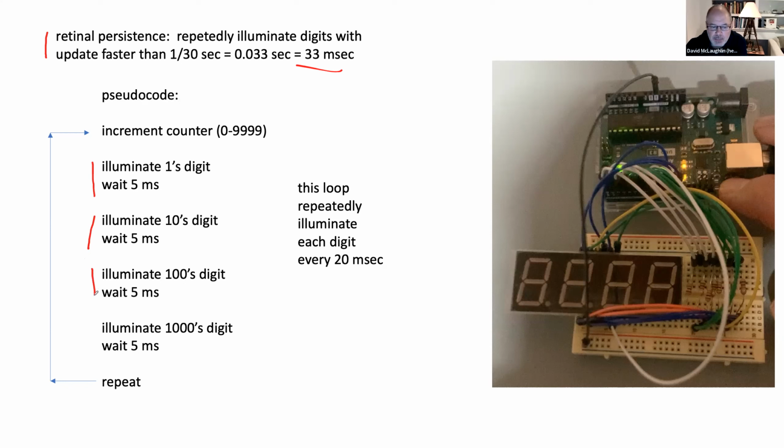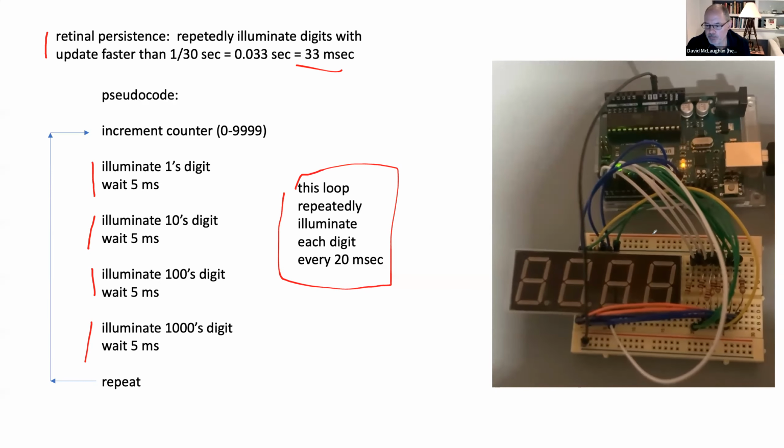Shut it off, illuminate the hundreds, shut it off, illuminate the thousands, and then I'll repeat the whole thing. So I'm going through this whole loop every 20 milliseconds. Each digit is only illuminated, strobed, for 5 milliseconds, but is revisited within 20 milliseconds. And take a look at what you see.